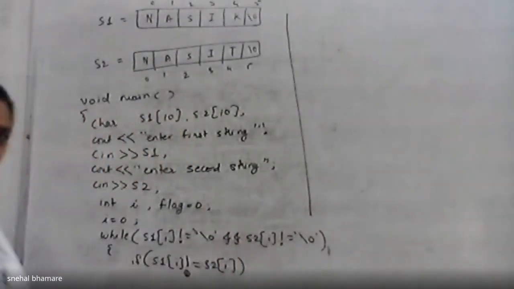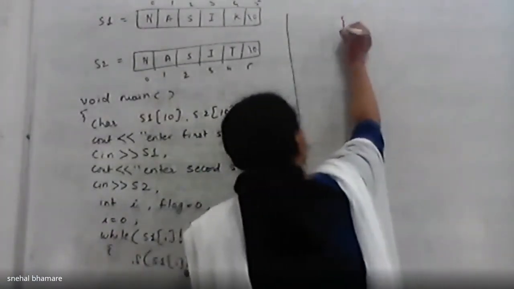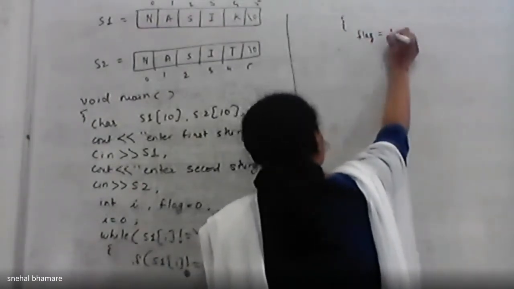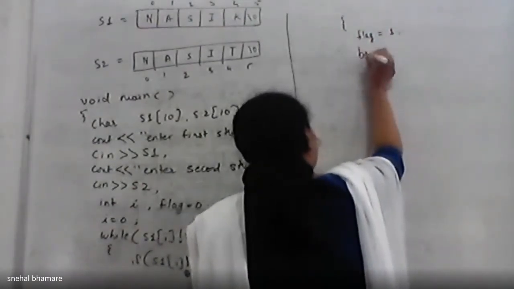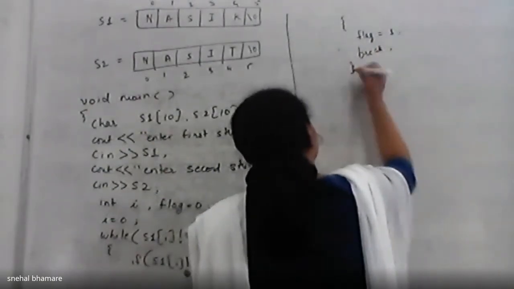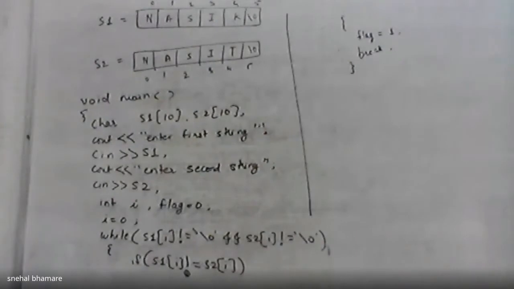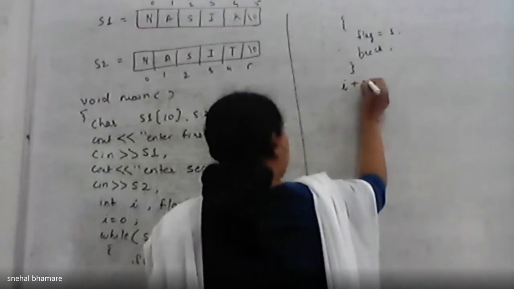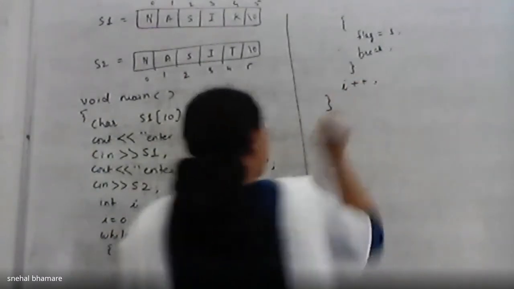If S1 of i is not equal to S2 of i, in the loop, change the value of the flag to 1 and apply break. And after the if, just increment i plus plus, then terminate the while loop.